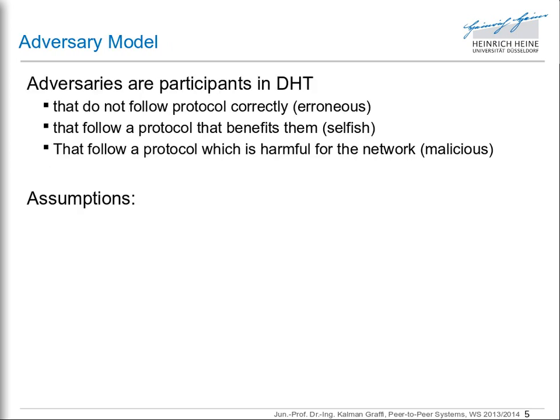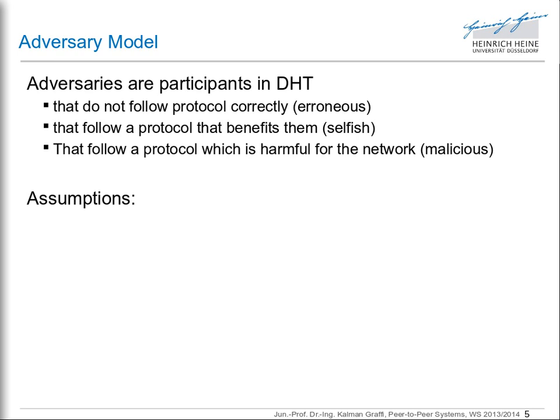Now we want to discuss the attacker model, which explains how corrupt nodes may behave. In the literature, there exist three categories. First of all, nodes that do not follow the protocol correctly. These nodes have no evil intention, they may use a faulty implementation, for example.